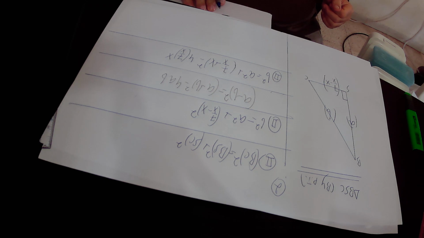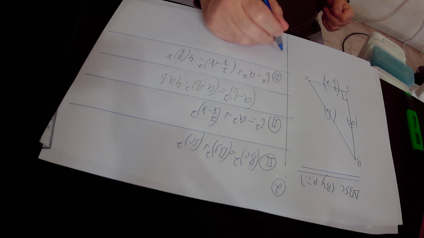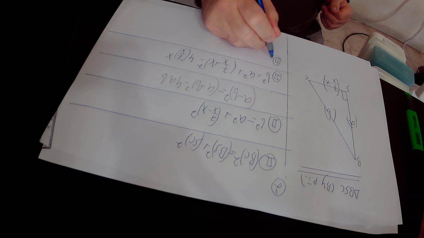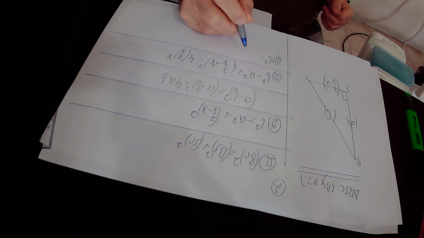So according to equation 2, we found out that B squared equals A squared plus 7 over X plus X squared.